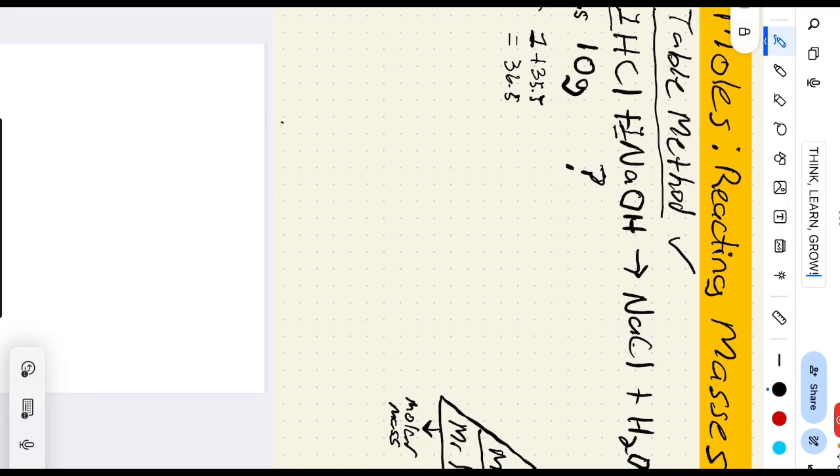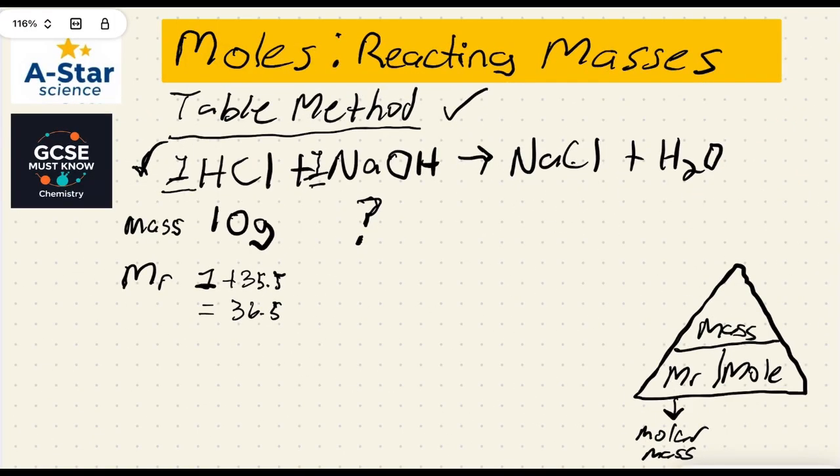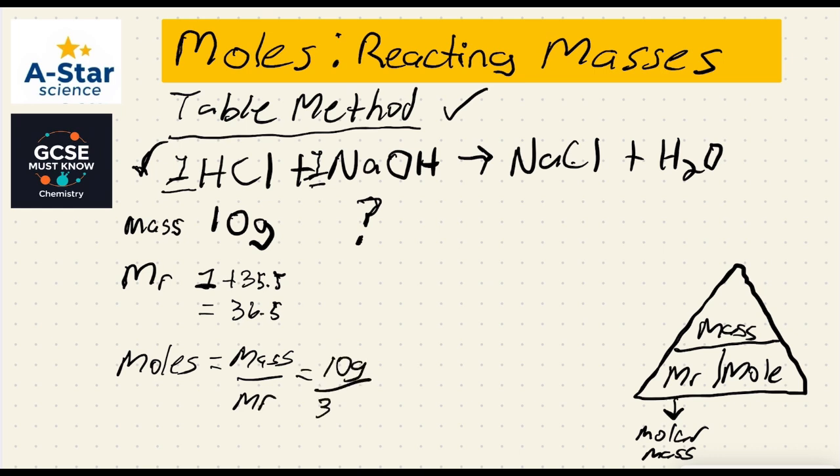So the Mr of hydrochloric acid is 36.5. We can work out the moles by doing moles is equal to the mass divided by the Mr. And the mass we said is 10 grams divided by 36.5. You can all follow along with me on the calculator.